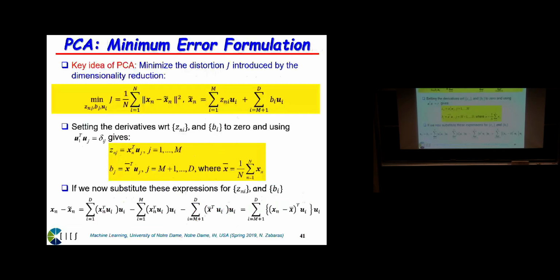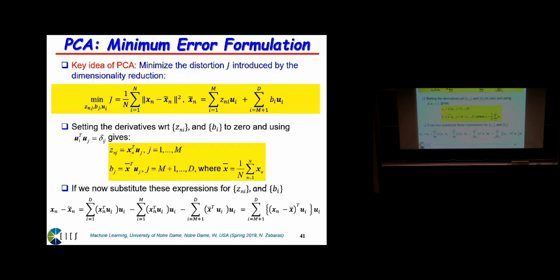So we want to actually minimize the error of the projection. The objective is we set some distortion criterion, 1 over N summation of this approximation error squared, where these are our data points that we started with and this is the approximation. We want to do this optimization with respect to the coefficients zni, the coefficients bi, but also we need to figure out what ui is. You may already anticipate that ui is going to turn out to be the eigenvectors of the covariance matrix, but there is no guarantee that ui has anything to do with eigenvectors.